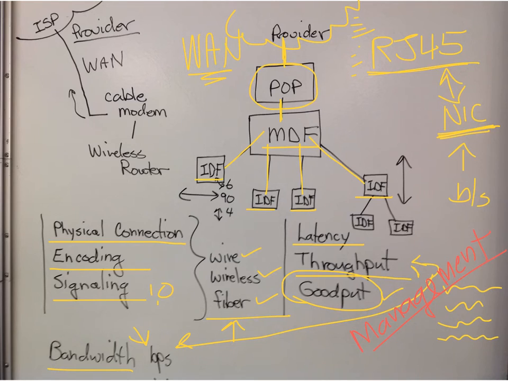Now, off an intermediate distribution facility, you can create another intermediate distribution facility. But then that's it. If you have a big building and this goes off to one part of the building, and then you split this to another part of the building, and then all of a sudden you want to put something in over here, you cannot connect that to another IDF. You can't have 3 IDFs in a row. You can only have 2. So this would have to either go back to this IDF or up to the main distribution facility.